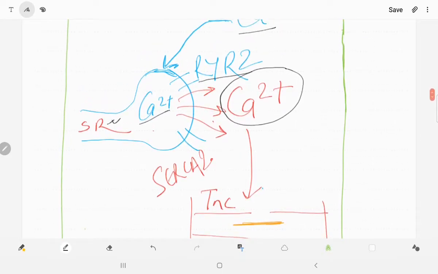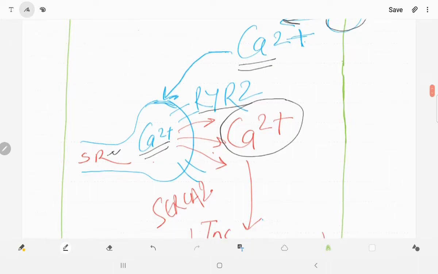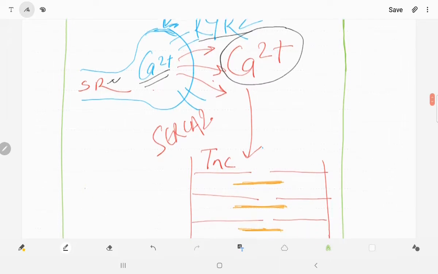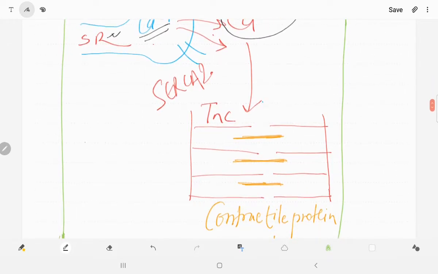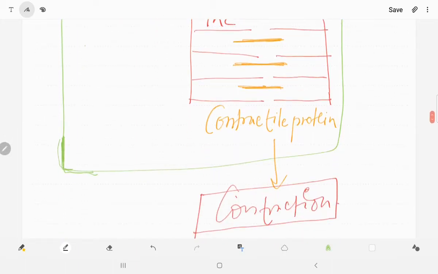This process can be called calcium-induced calcium release, because this calcium from extracellular space is helping to release calcium from sarcoplasmic reticulum. Once there is high concentration of calcium in the cytosol, it binds to the contractile protein troponin C and initiates contraction. In this way, myocardial fiber contracts.